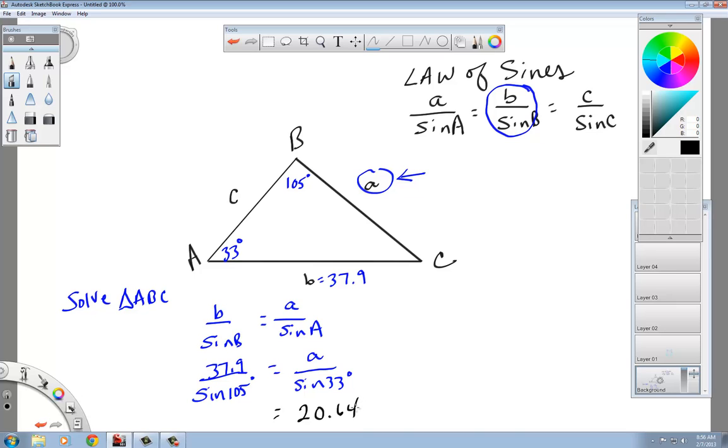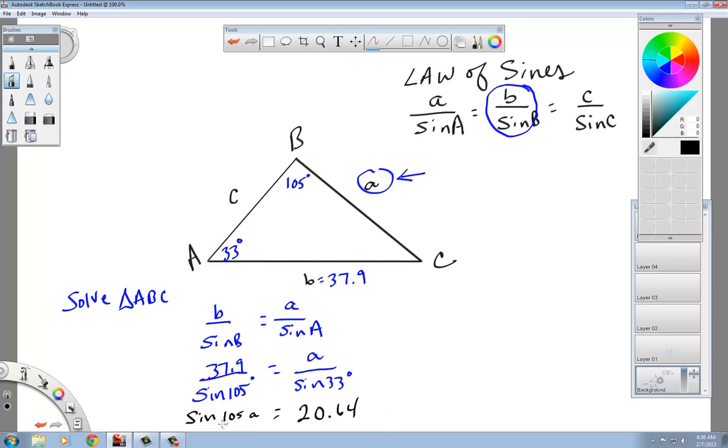So I got 20.64. On the other side, I'm going to take the sine of 105 times a. Just like I had before 4x, this time it's sine of 105a. So it's whatever that decimal is, times a.